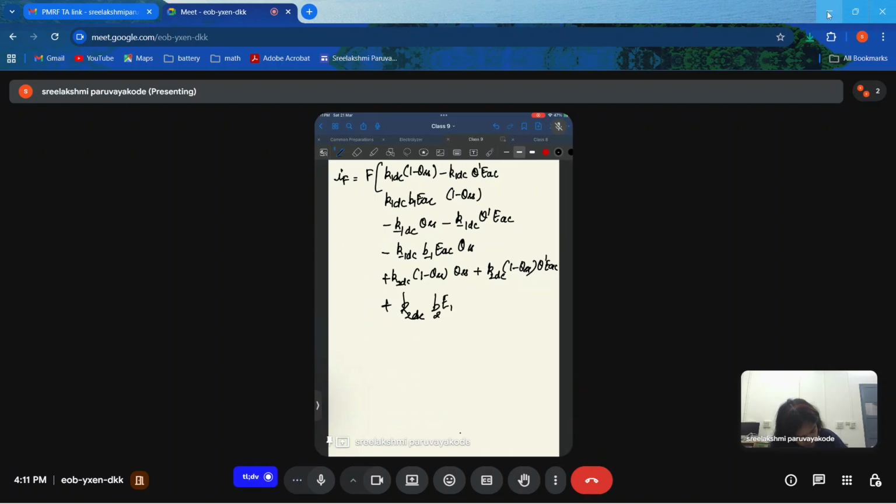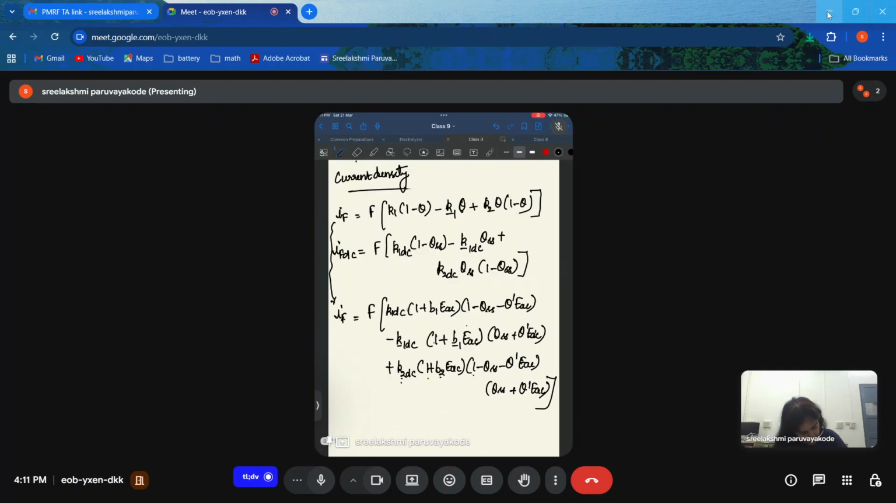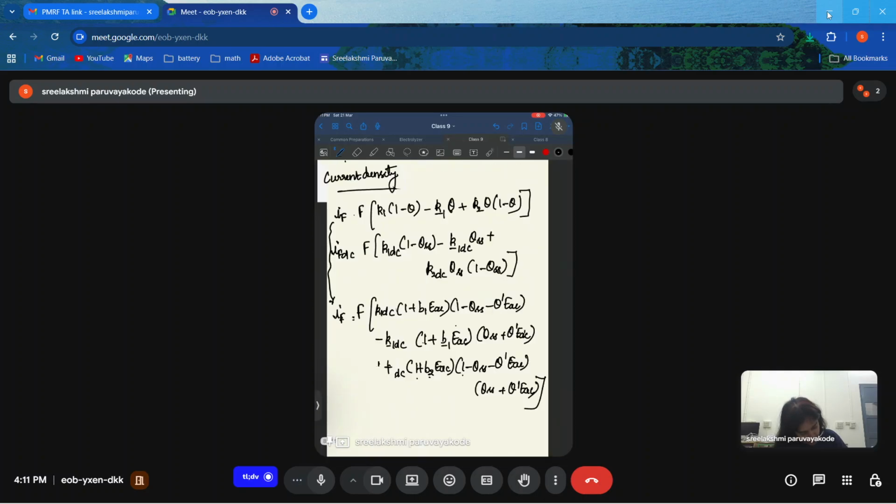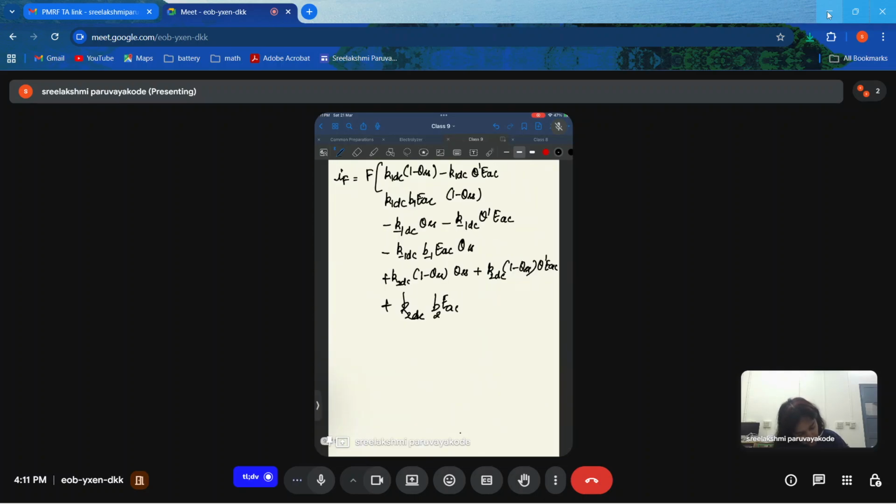B2 EAC into 1 minus theta SS into theta SS.